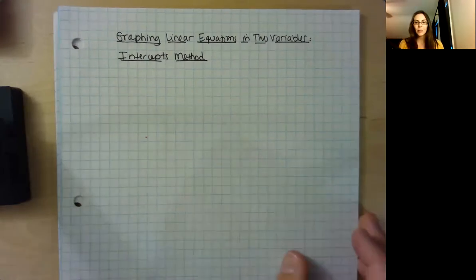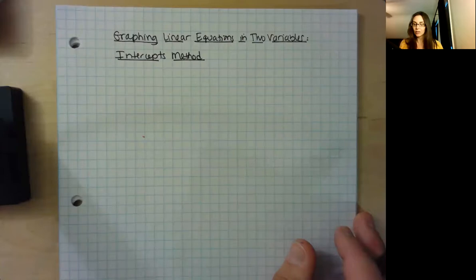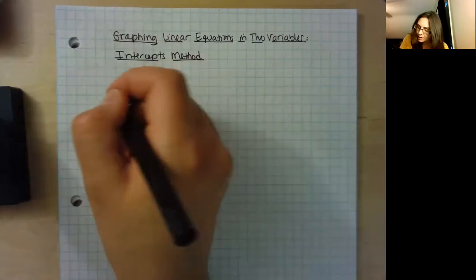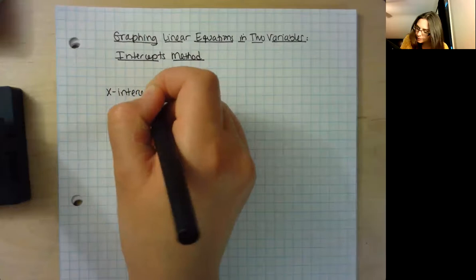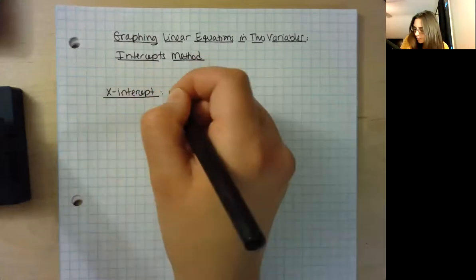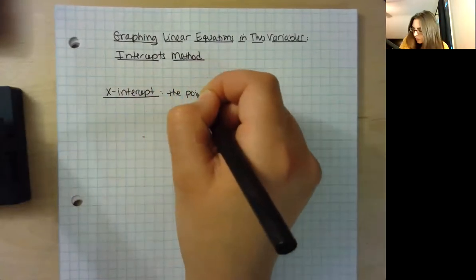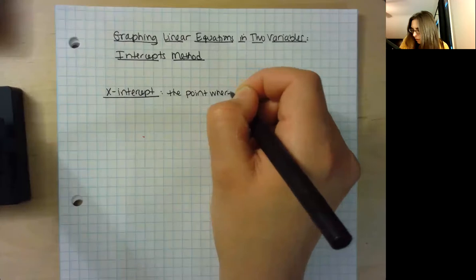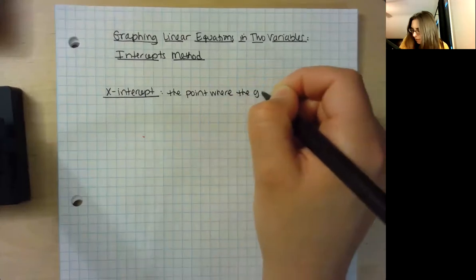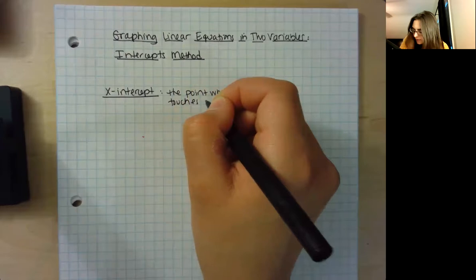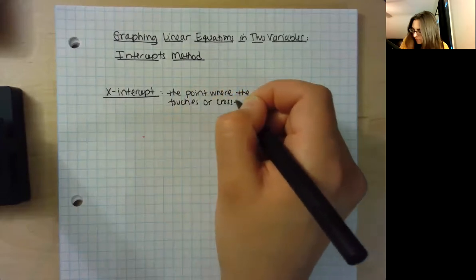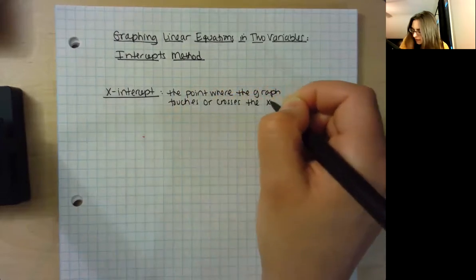So we have two intercepts. We have an x-intercept and a y-intercept. The x-intercept is the point where the graph touches or crosses the x-axis.